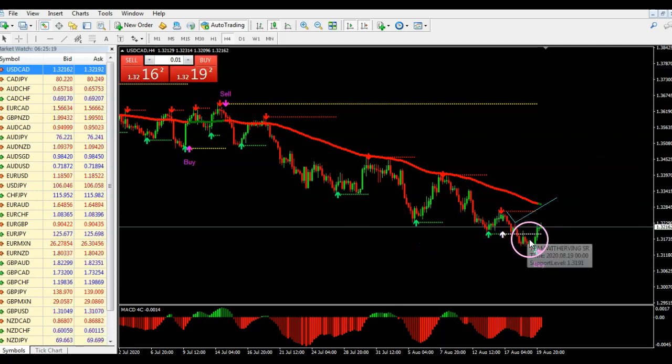So we went a little bit over in this one, but now it's returning. We were waiting for this to happen. So it did move kind of our way. It went a little bit past on the first move, but we're still in the same direction. We're still on the bias for the USDCAD.